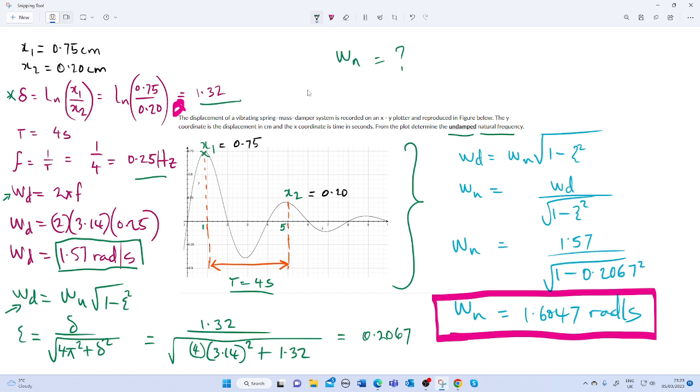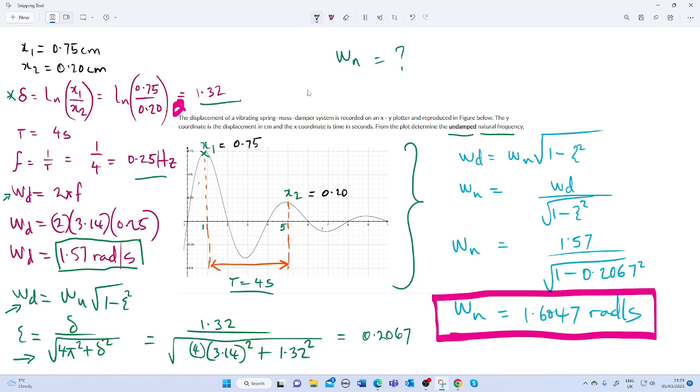Damping ratio equals delta over the square root of 4 pi squared plus delta squared. So that gives us 1.32 over the square root of 4 times 3.14 squared plus 1.32 squared, and that gives us 0.2067.